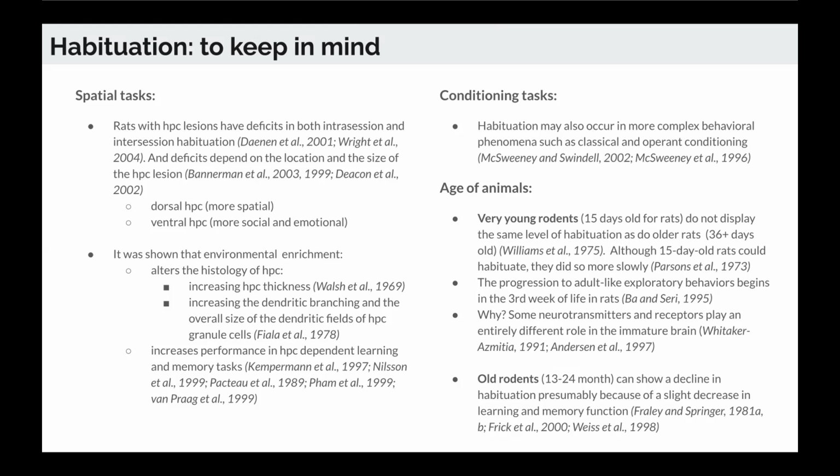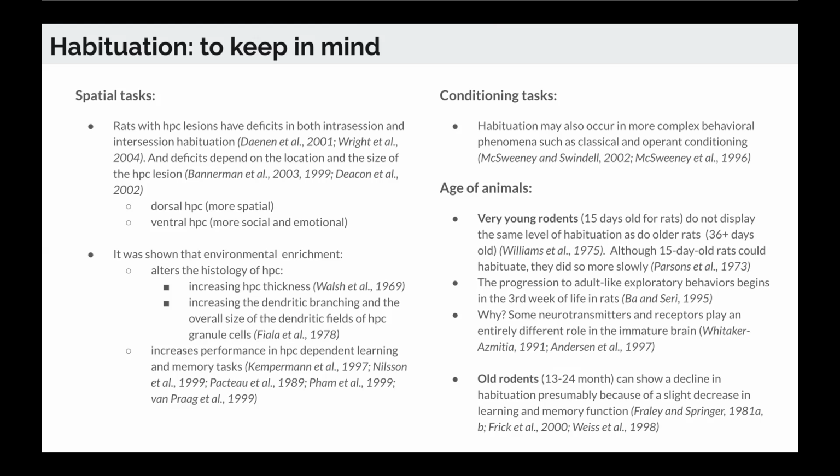When animals are in a really enriched environment, it was shown that hippocampus thickness is increasing, and also dendritic arborization in granule cells is increasing. So it can also boost your animal's abilities to habituate to a novel setup and perform better in spatial tasks.